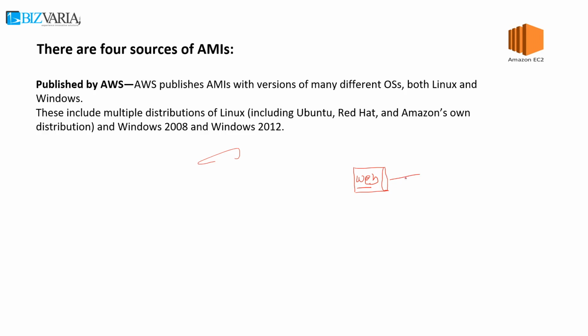So this will be assigned a public IP address because this is your web server. Behind the scenes, this server is also getting traffic in, and that traffic is like a database.